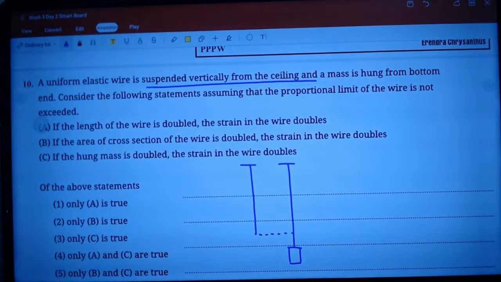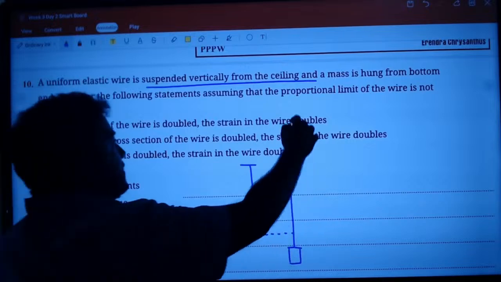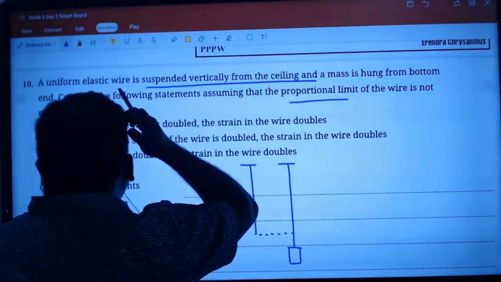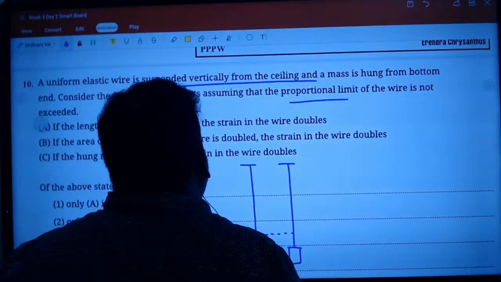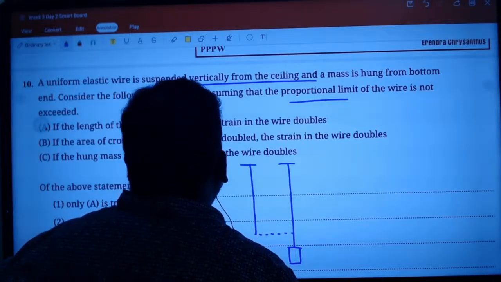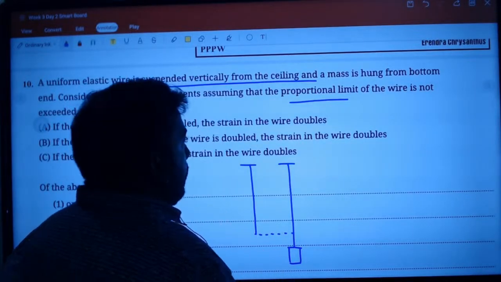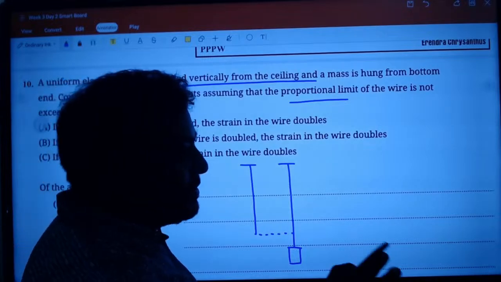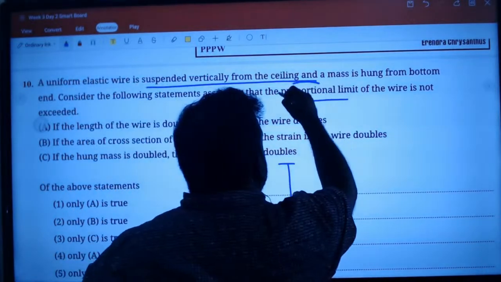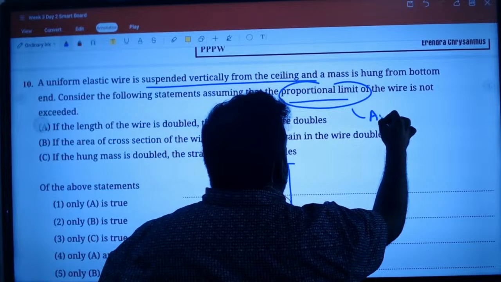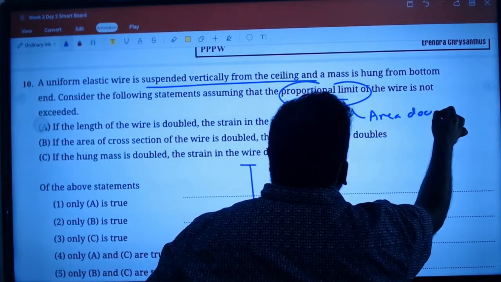Consider the following statements assuming the proportional limit is not exceeded. If the length of the wire is doubled, the strain in the wire doubles. Now proportional limit not exceeded means cross-sectional area does not change.